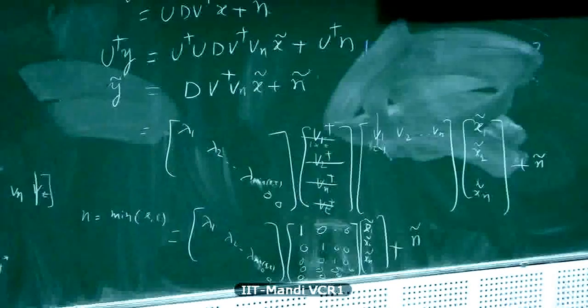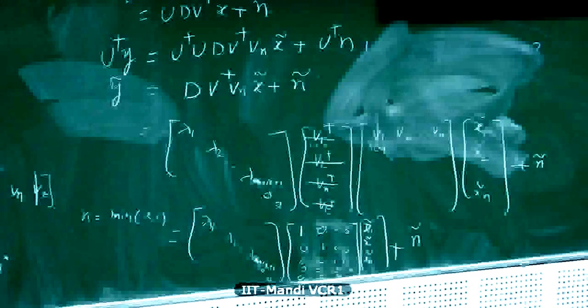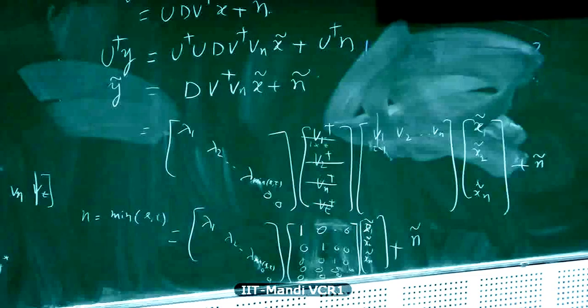So it's up to you how you choose n. The capacity achieving structure is to choose n as min of r comma t, and then you do water filling, you achieve capacity.